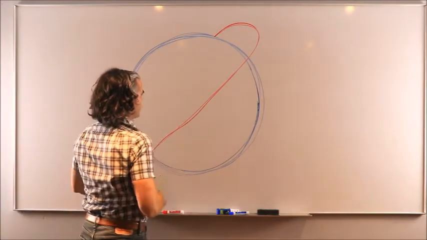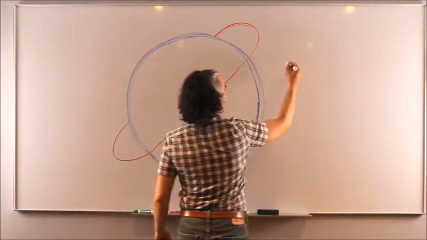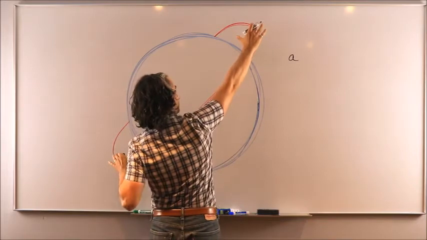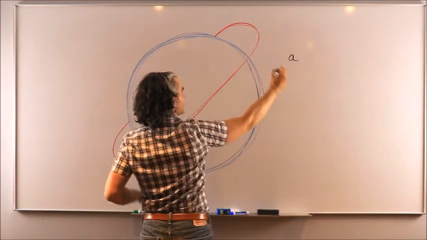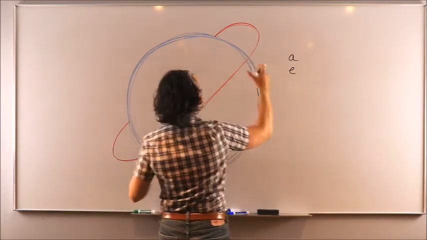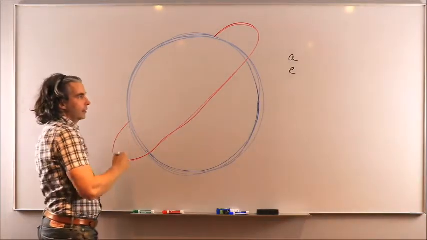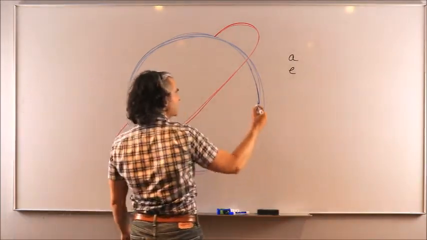All right, so semi-major axis defines, again, the size of our orbit. Eccentricity defines the shape. Is the red patch a circle or an ellipse around the Earth? That's easy peasy.